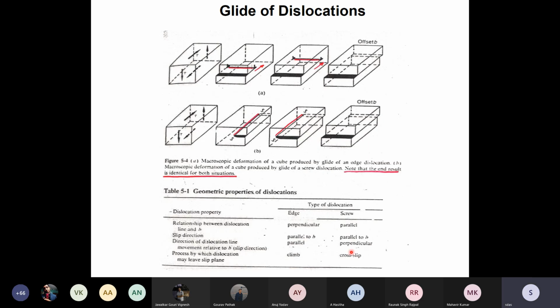What is the slip plane of face-centered cubic? One, one, one. So in a face-centered cubic, how many 1-1-1 type planes are there? How many?